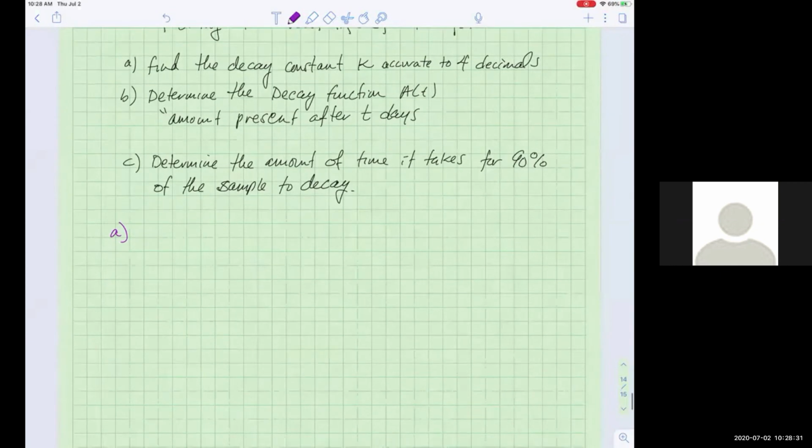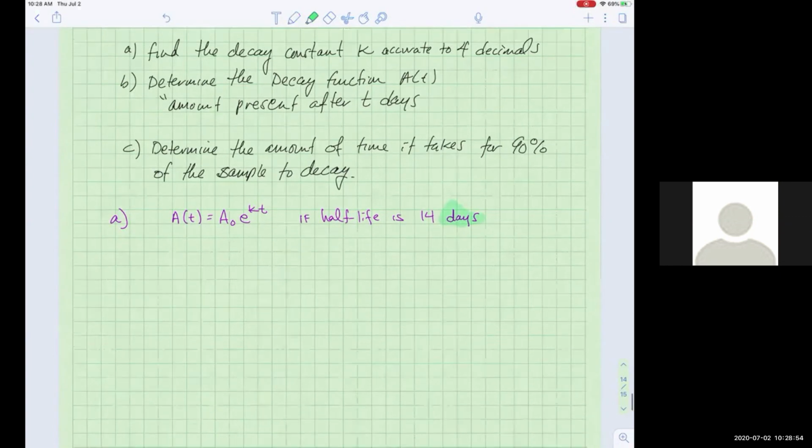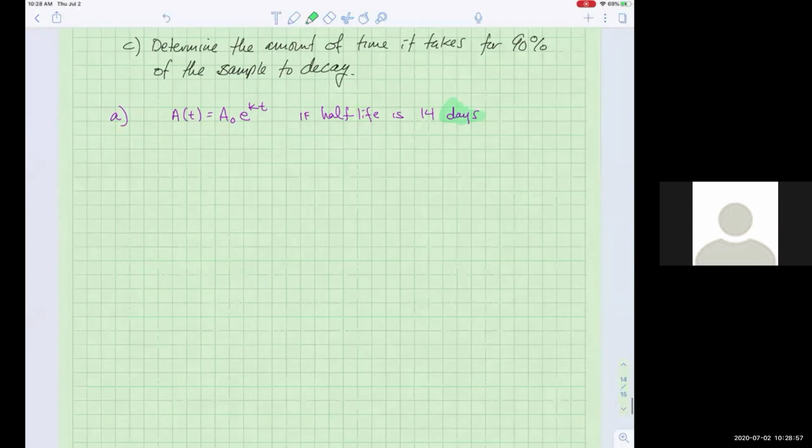We're going to start off with our generic formula. A of T is equal to A naught e to the KT. And if the half-life is 14 days, first of all, we're going to do this entire problem in days. So everything in terms of the amount of time it takes is going to be measured in days. If the half-life is 14 days, that means that we could do one of two things here.